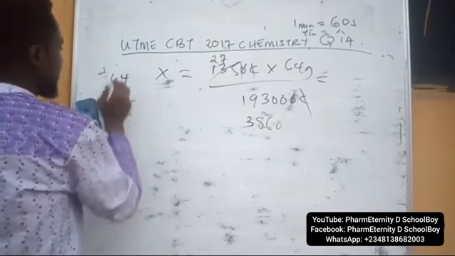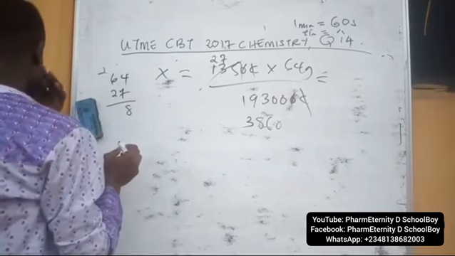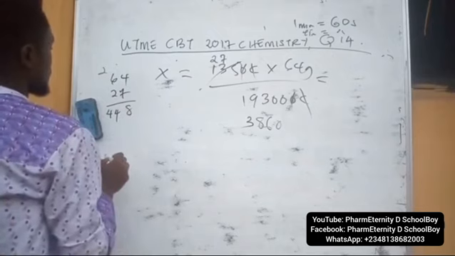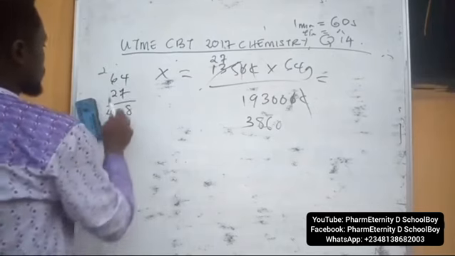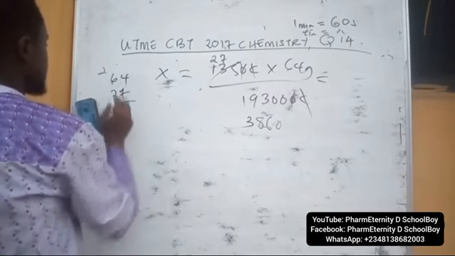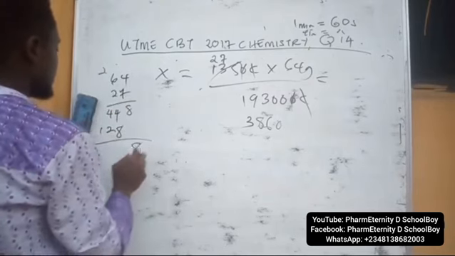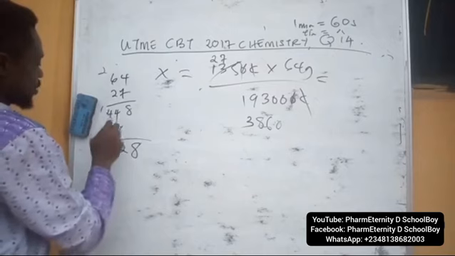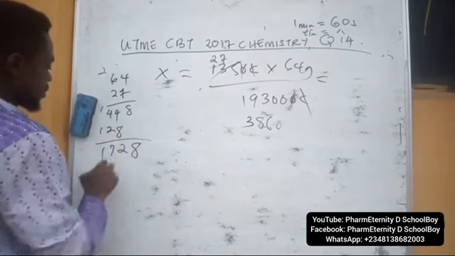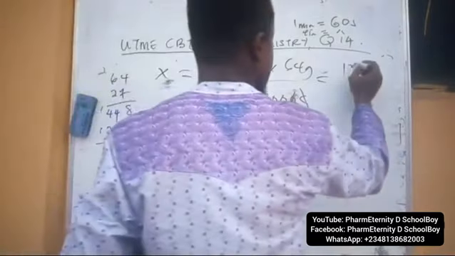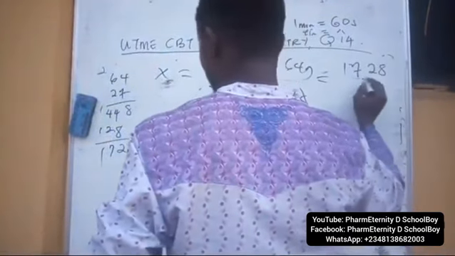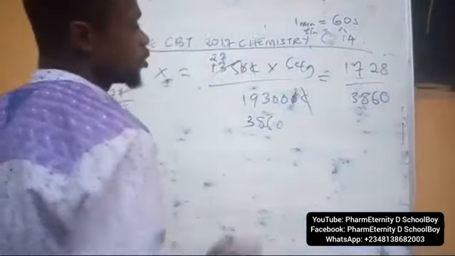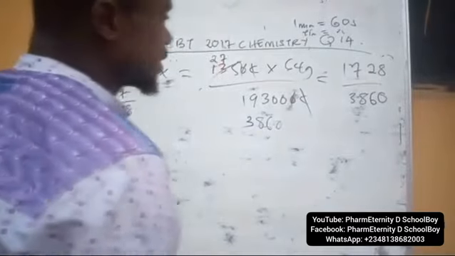Put 8 here. 7 times 6, we have 42 plus 2, 44. 2 times 4, 8. 2 times 6, 12. Bring down 8. 12, carry one, put here. 6, 7. So we have 17. 1,728 over what? 3,860. So let's divide out straight and see what we have.